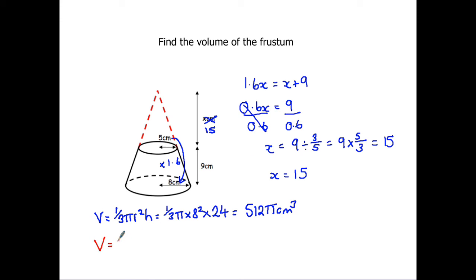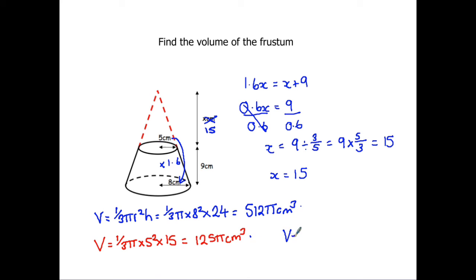For the cone on top, I'm just going to substitute straight in. That's got a radius of 5 and it's got a height of 15. So I'll stick that in the calculator, and we get 125 pi. So when I come to put it all together, it's just going to be this one, take away this one.